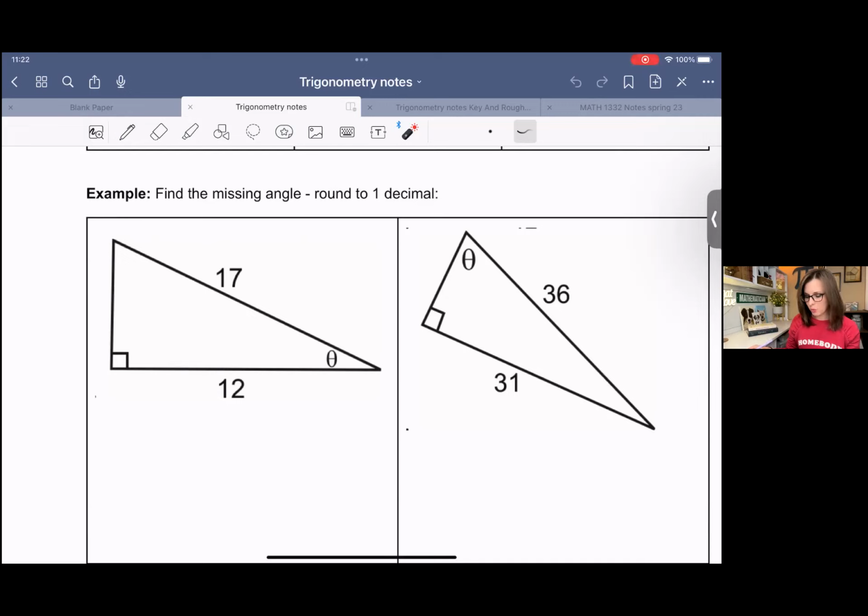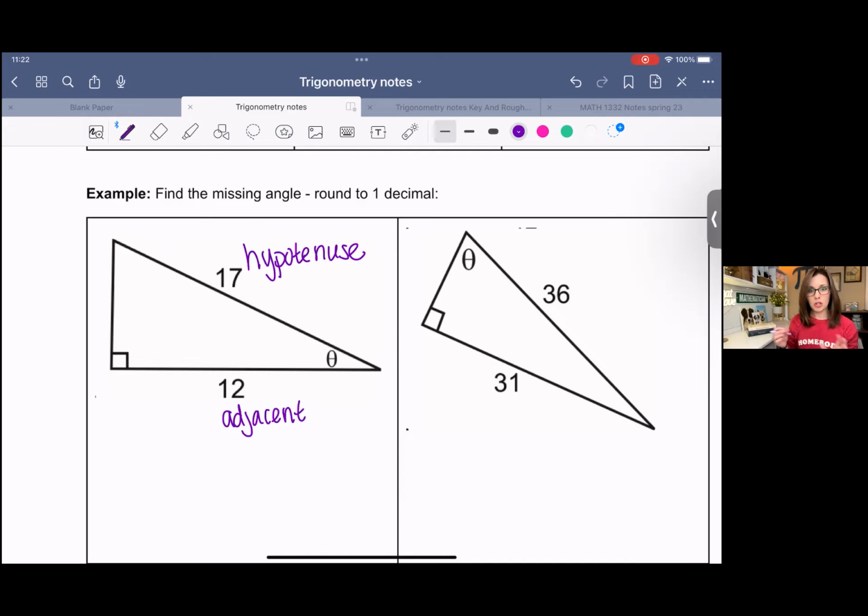So with theta, I have this right angle. And across from the right angle, I have the hypotenuse. And then in reference to theta, I have an adjacent side.